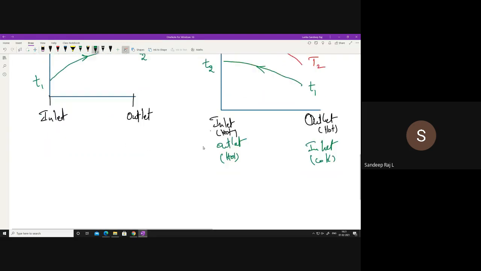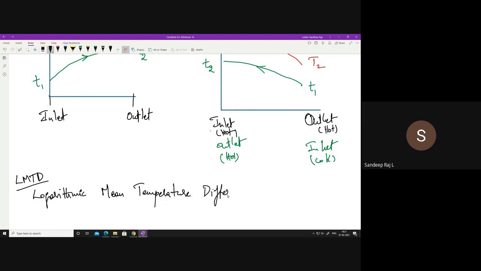So next comes the concept of LMTD. LMTD means logarithmic mean temperature difference.